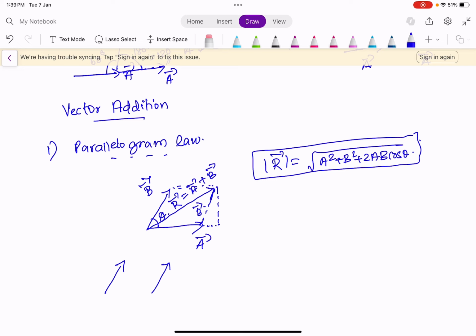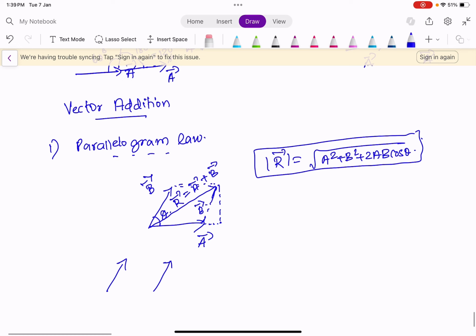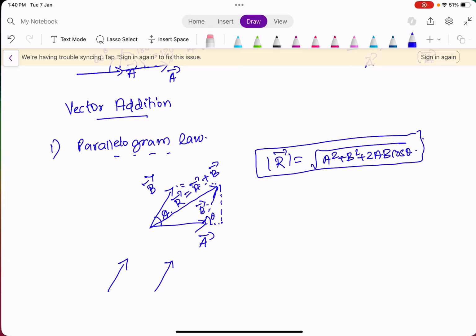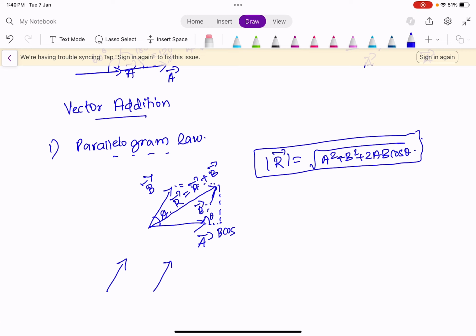Okay, this is also b. So this much is a, and suppose this angle is also theta only, correct? Those are corresponding angles. So if this is b, this much will be b cos theta.